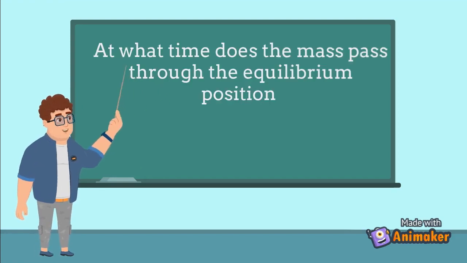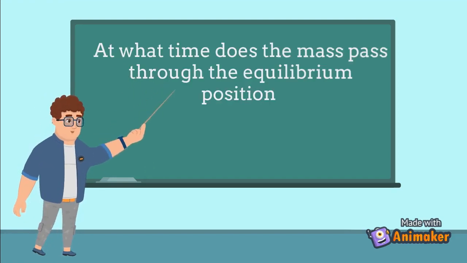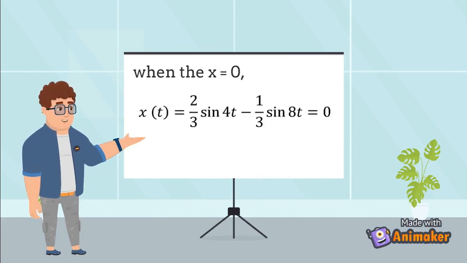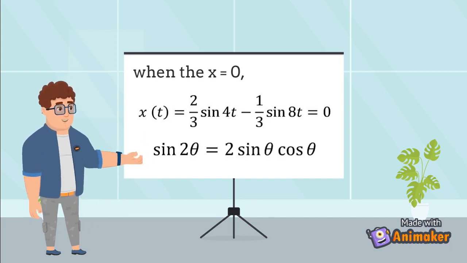Okay, now we need to find at what times the mass passes through the equilibrium position. When x(t) equals 0, using the equation of motion that we found in part A, x(t) equals 2/3 sin 4t minus 1/3 sin 8t equals 0, and we refer to the basic trigonometry formula, sin 2 theta equals 2 sin theta cos theta, to simplify the equation above.